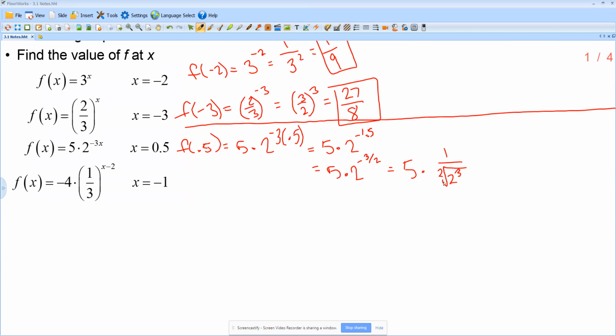So I'm taking the second root, or the square root, of 2 cubed. This gives me 5 over... 2 cubed is 8, so this becomes the square root of 8, which is 5 over, if I simplify this, 2 root 2. And remember that we have to rationalize these. So this is 5 root 2 over 4.